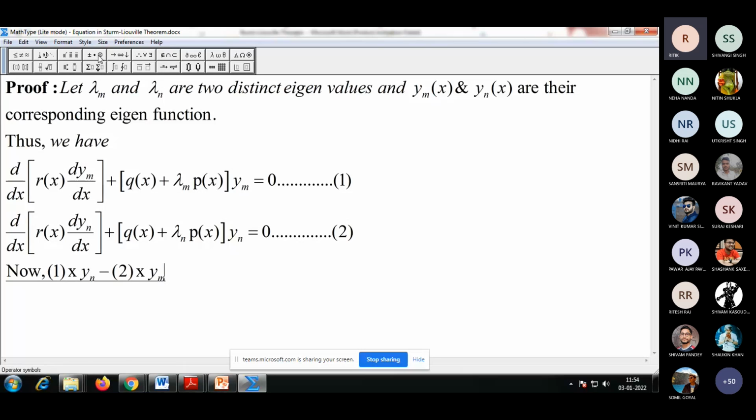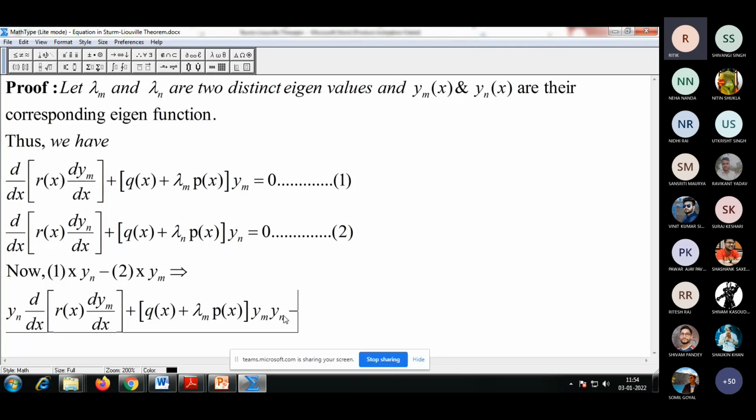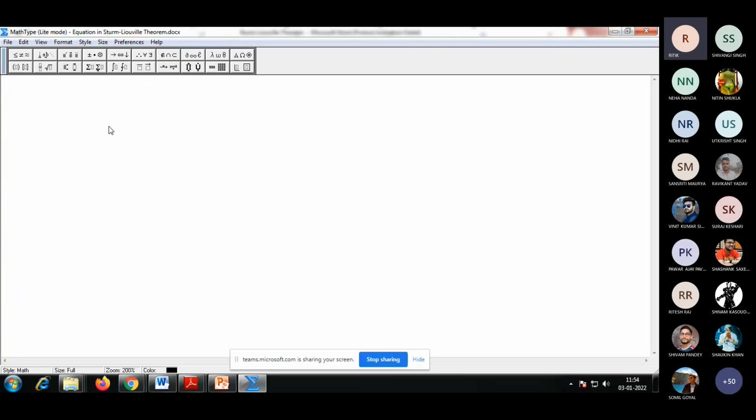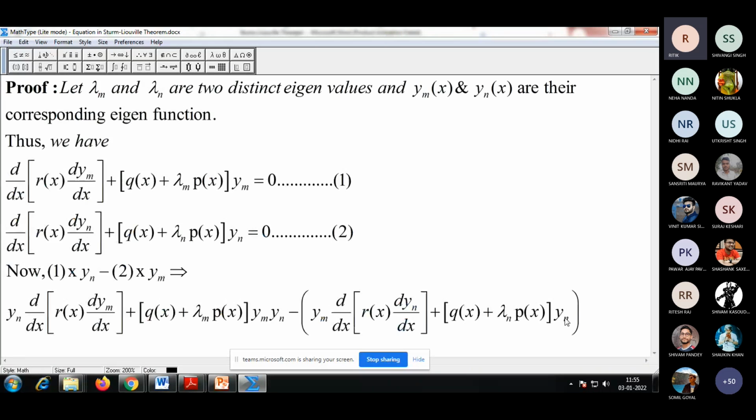This implies we write the first equation multiplied by yn(x), then minus this whole term multiplied by ym(x), and then equal to 0.